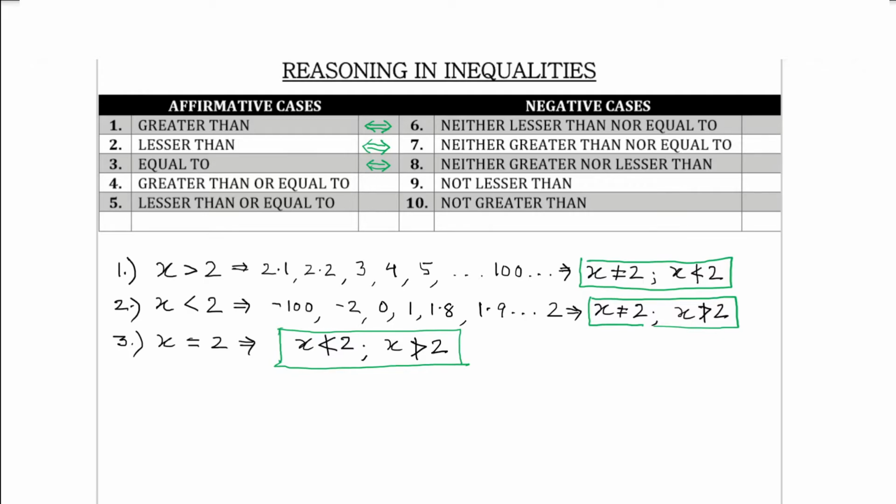The fourth case we discussed earlier is a combination of the first case and the third case. So let us say that I am saying that x is greater than 2 or x is equal to 2. Please understand that the word or here symbolizes that both the values are disjoint to each other.